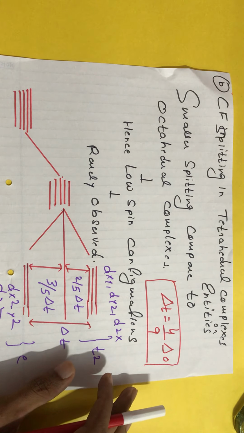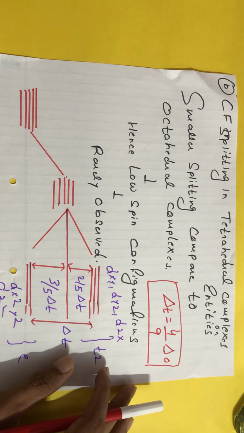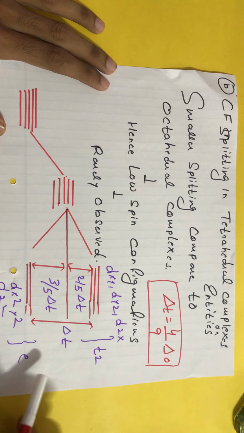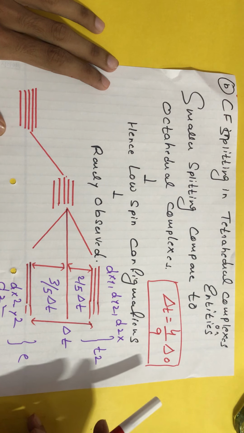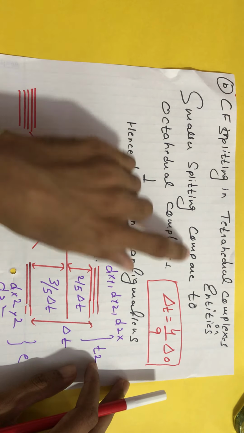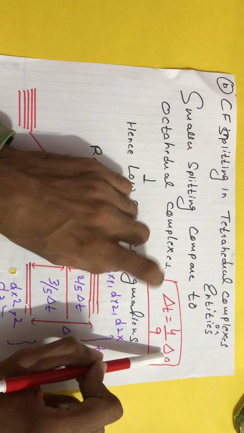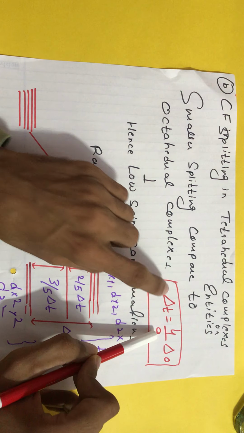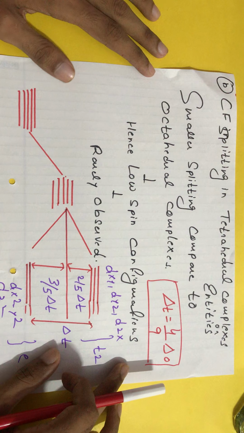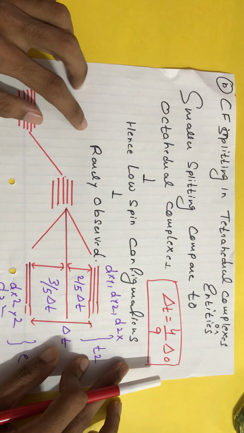Now the crystal field splitting in the tetrahedral complexes. In the tetrahedral complexes there is no center of symmetry, so we remove the g from here; keep t2 and e as they are. Always remember there is a smaller splitting in the tetrahedral complexes compared to the octahedral complexes, and the relationship between both differs by 4/9, so we can calculate easily in the numericals also. Hence they form the low spin configuration, because the splitting energy is lower.